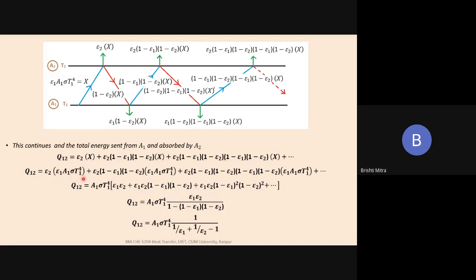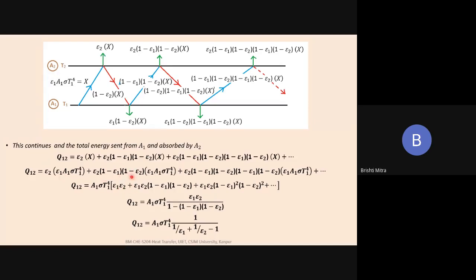So if you look at the first term, what does it come out to be? It is epsilon 1 epsilon 2 into A1 sigma T1 to the power 4. The next one is epsilon 1 epsilon 2 into 1 minus epsilon 1 into 1 minus epsilon 2 into A1 sigma T1 to the power 4. So all these terms have A1 sigma T1 to the power 4 as common. If we take that as common, from the first term, what we are left with is epsilon 1 epsilon 2.